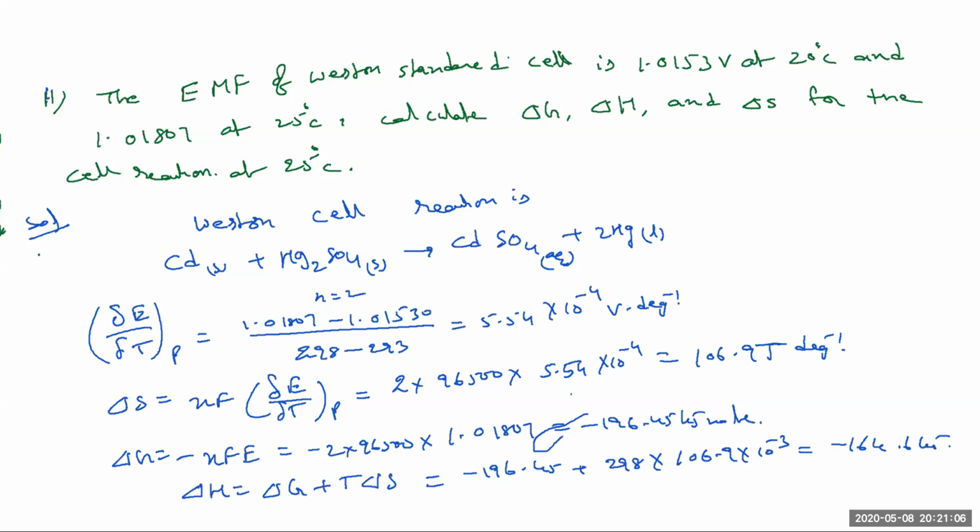What is the next concept? Cells, batteries. We have completed now. Tell me whether it is completed or not. Conductance, conductivity cells are completed. Equivalent conductivity, molar conductivity, specific conductivity, and the relation between conductivity and concentration.